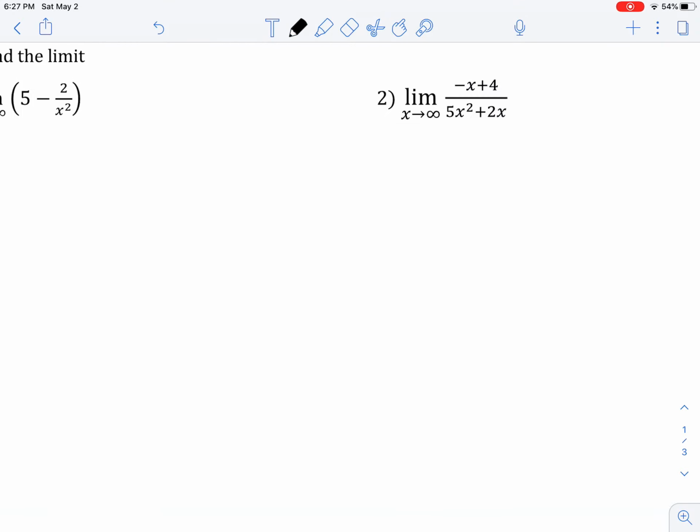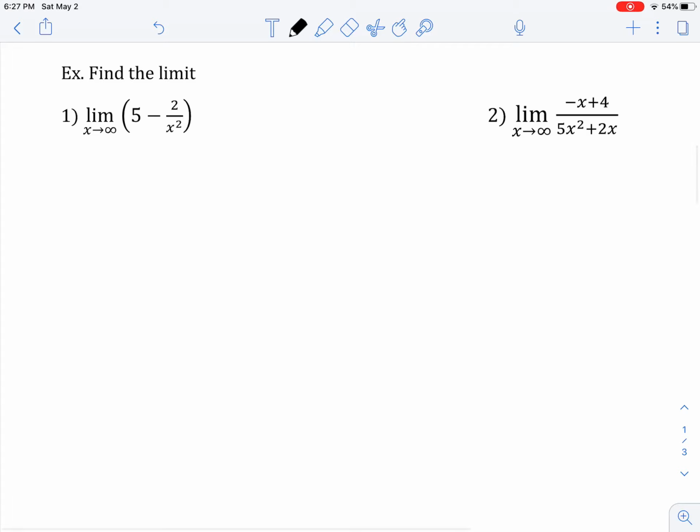We're going to do this without relying on our graphs, although you can definitely look at the graphs of these in Desmos or in your graphing calculator as you go along, but I want us to think a little bit about what's going on here. So we've got the limit of this particular function, and I'm going to use a limit property to split this up. I'm going to say the limit as x approaches infinity of 5 minus the limit as x approaches infinity of 2 over x squared.